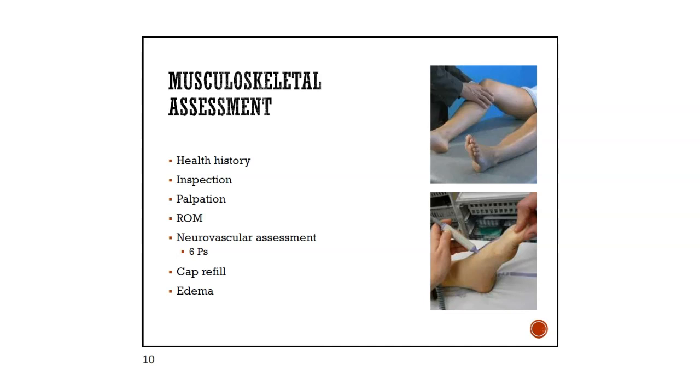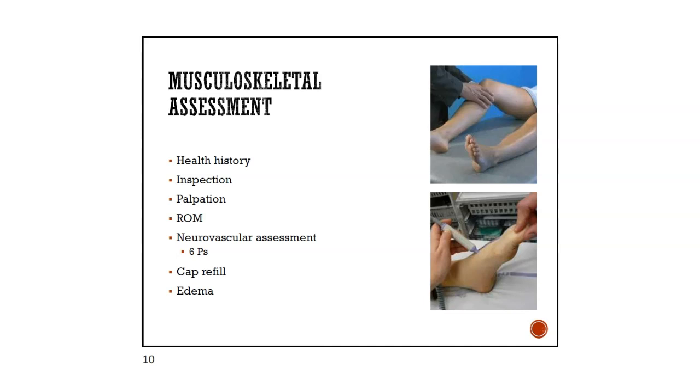In addition, we need to visually inspect the anatomy and the symmetry of those parts of the body. Is it the same, or does it look different from left to right? We also need to palpate, to feel for any edema and tenderness. We need to also look at the range of motion. Does the issue cause limitation on the range of motion?